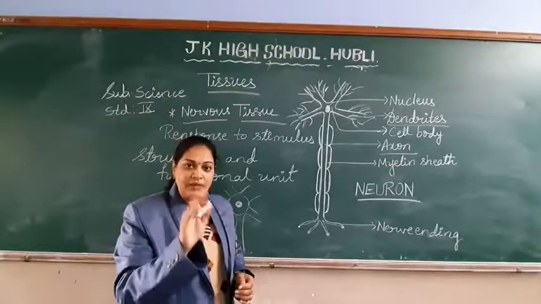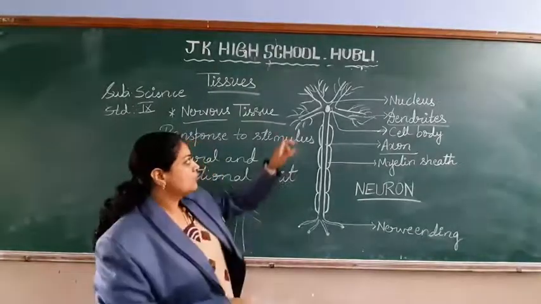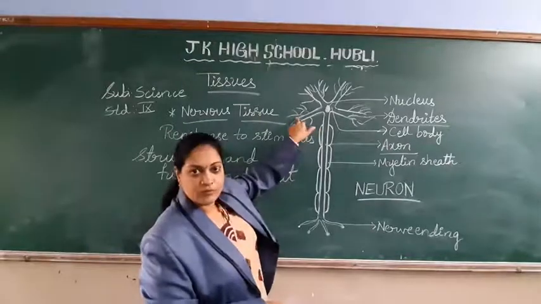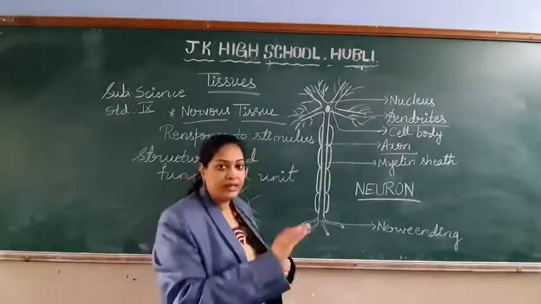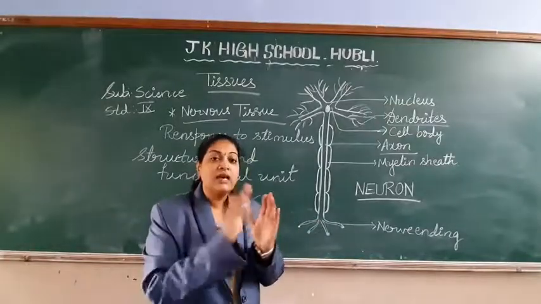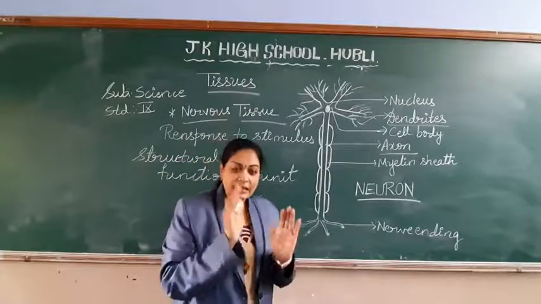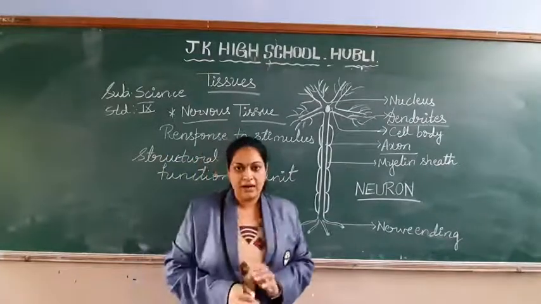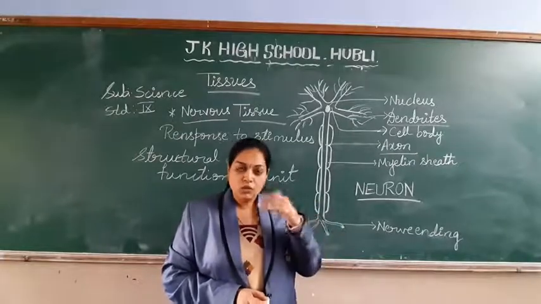Right? Whenever you touch something, whatever the stimulus is, that stimulus will come to the dendrites. It will move on to the axon, then through the nerve ending it will move on to the next axon. Like that the messages will pass to our brain. In our brain we have different parts to remember, to recall, to imagine, to speak.